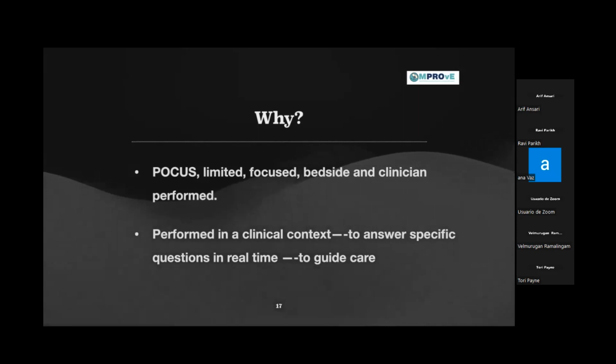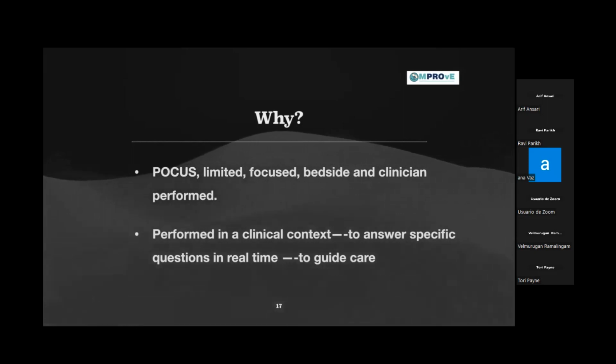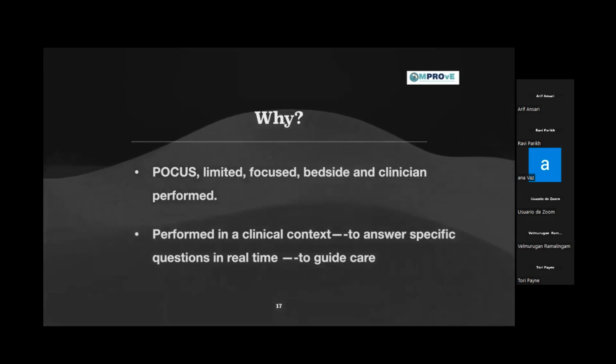So how do we know whether we are dealing with TTN or RDS? In those kinds of scenarios, the chest X-ray is sort of ambiguous in giving you the right diagnosis. The ultrasound will give you the bang on answer, like are we dealing with TTN or RDS? Of course, with the clinical context and the clinical background.